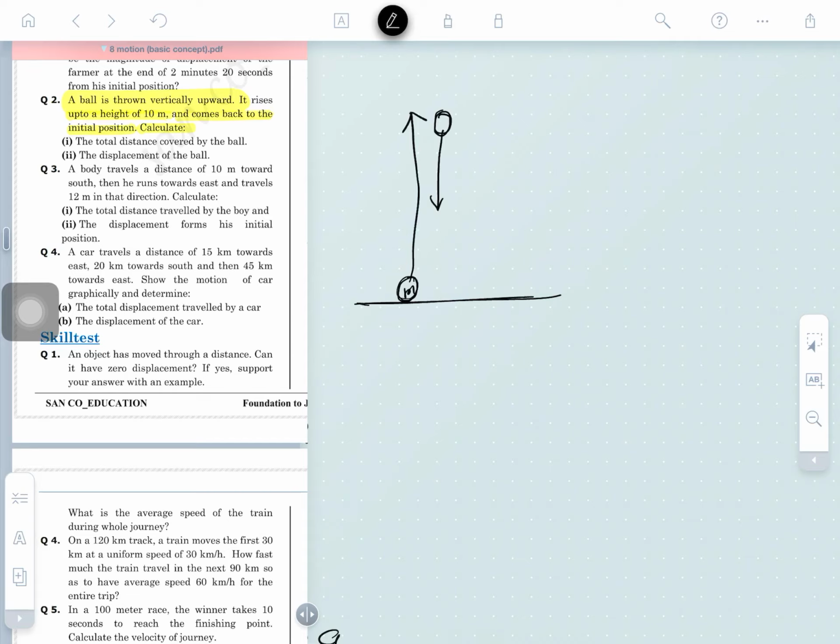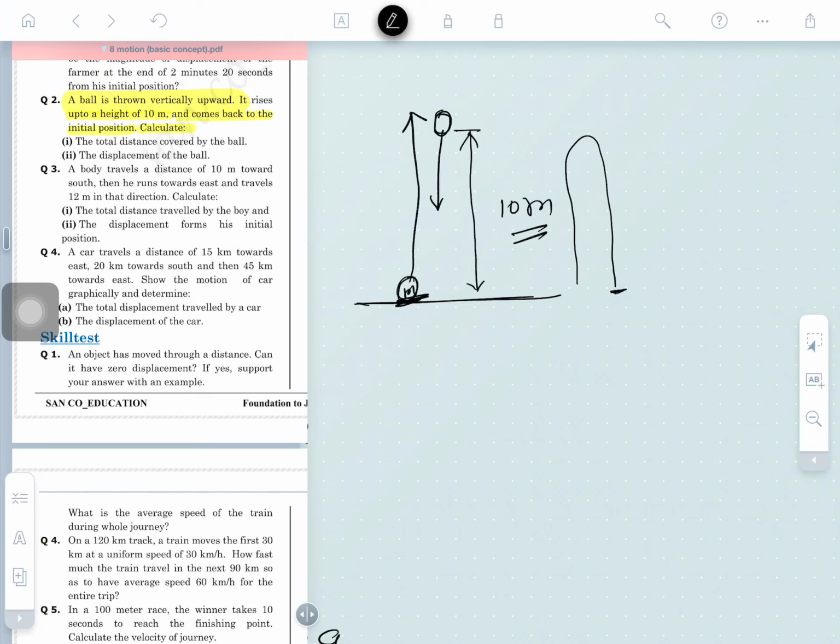The object will fall down after some time. Clear? So, it rises up to a height of 10 meters. The question is saying at the 10 meter height it rises here. This is the 10 meter height. What next? It comes back to the initial position, coming back here. It goes up and comes down to here.